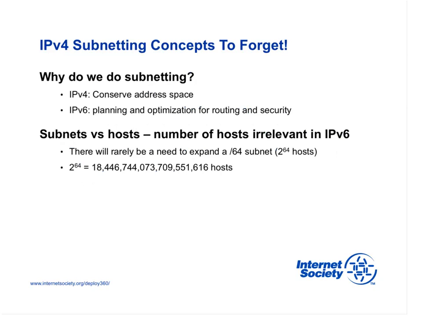The real difference is that in IPv6, we don't need to think about that. When you start working with IPv6 subnetting, it does take a bit to break that way of thinking, because for so long, one of our big calculations when doing IPv4 subnets was to think about the maximum number of hosts that we're going to need on a particular subnet. Then we would calculate the number of bits that we would need for that number of hosts.